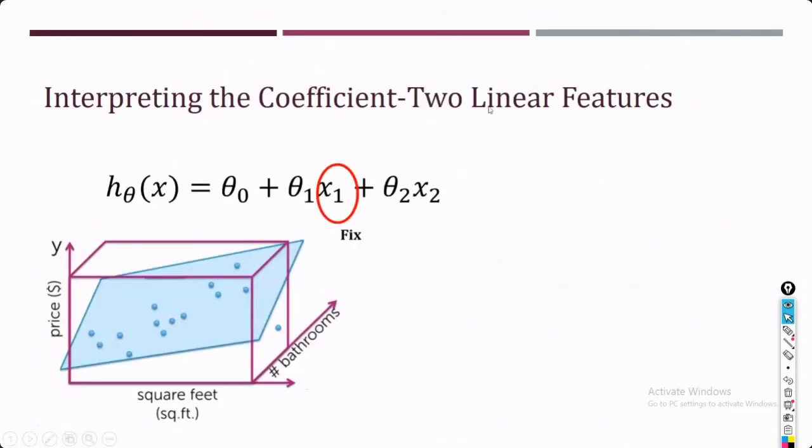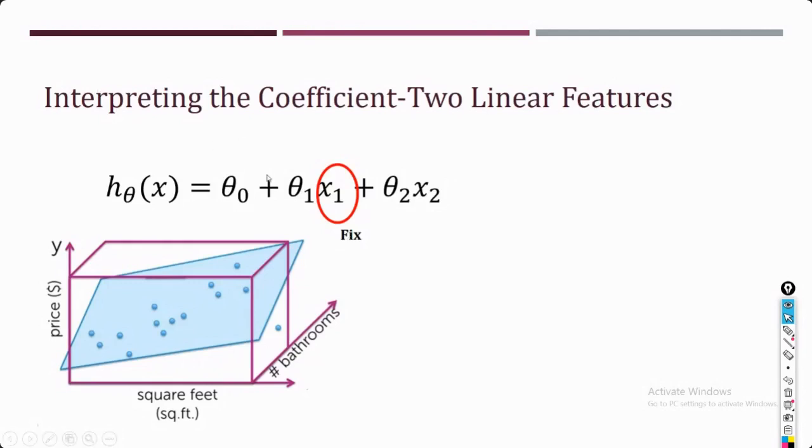Now suppose you have two features, theta 0, x1 and x2. In that case, how could we perform the interpretation? In order to interpret, I need to fix one dimension. If I fix this dimension and change x2 by this much amount, how much change will I observe in my y?